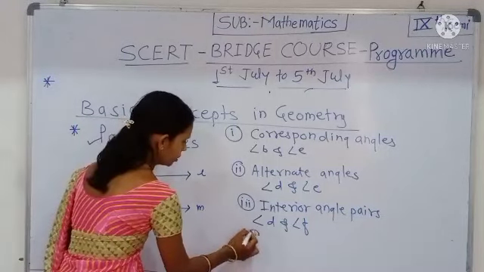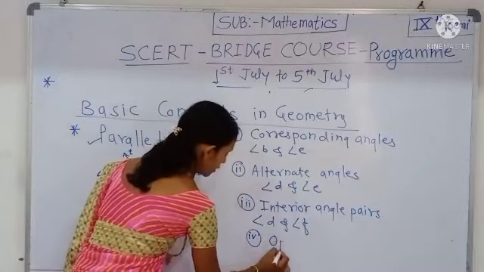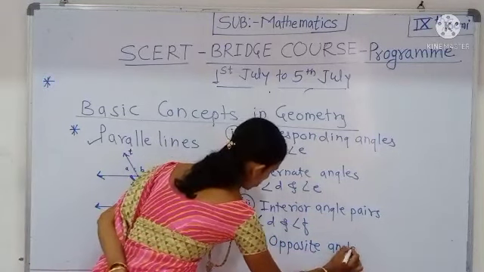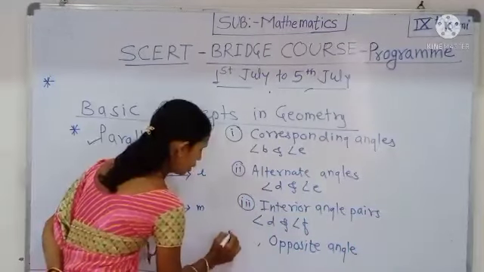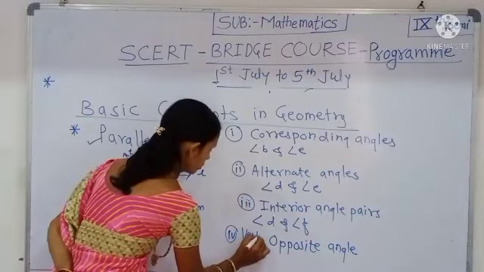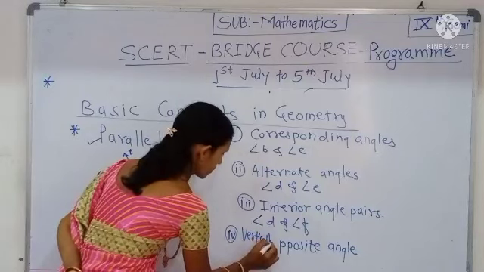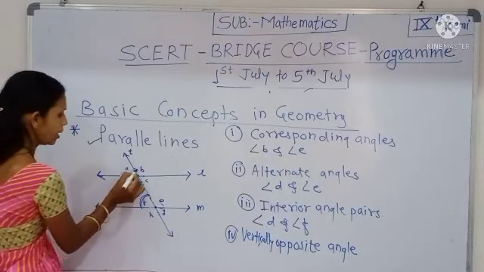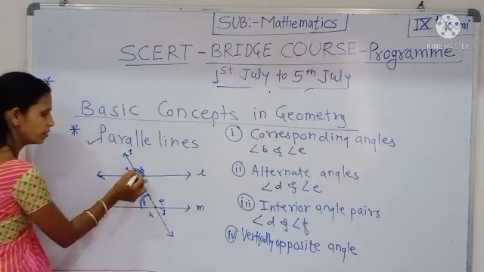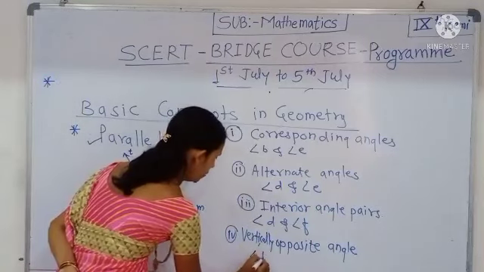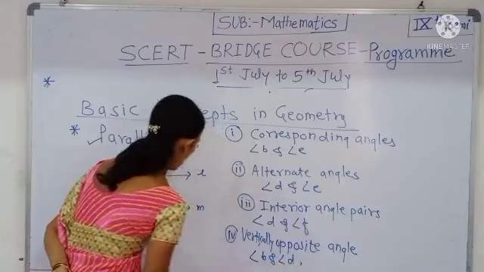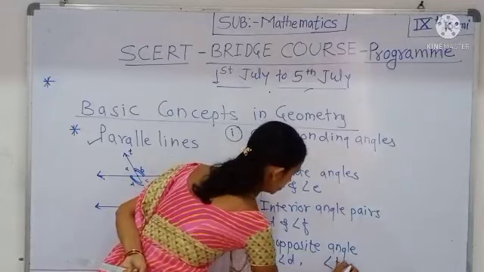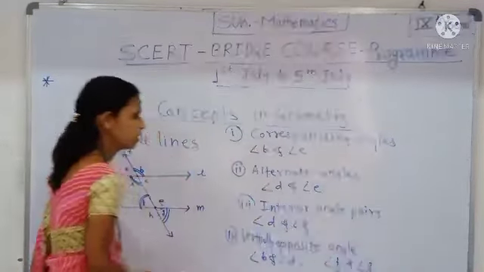And one more angle pair is there, that is vertically opposite angle pairs. See here, angle B and angle D are vertically opposite angles. Angle B and angle D as well as angle F and angle G are vertically opposite angle pairs.